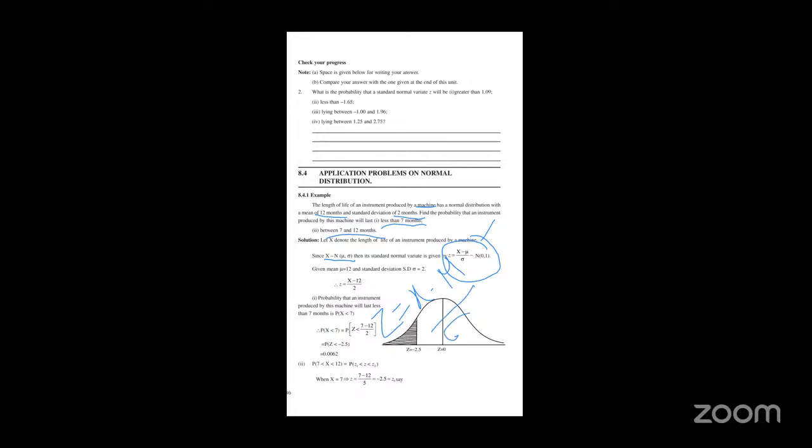For the mean we take 12 months, so in the place of mu we substitute 12. So Z equals (X minus 12) by 2.